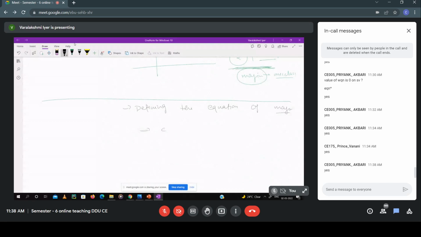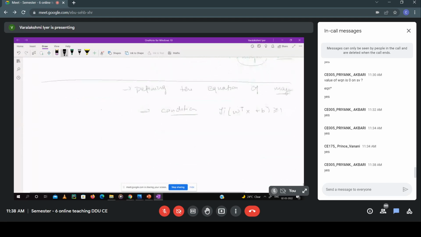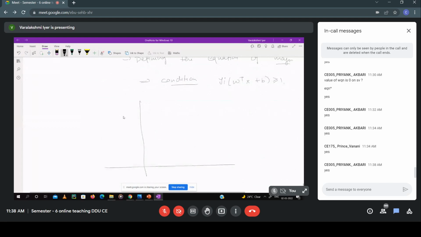We have already defined the condition that we need to satisfy in order to identify the maximum margin, that is, w transpose x plus b must be greater than or equal to 1. And we have our data set. We have a hyperplane equation, that is w transpose x plus b is equal to 0.